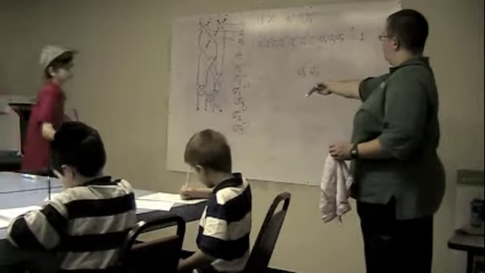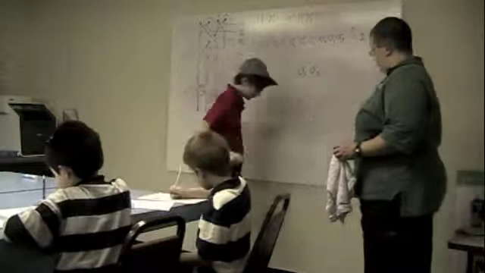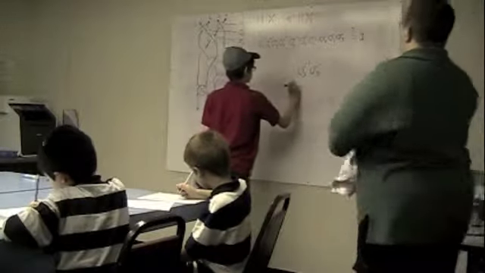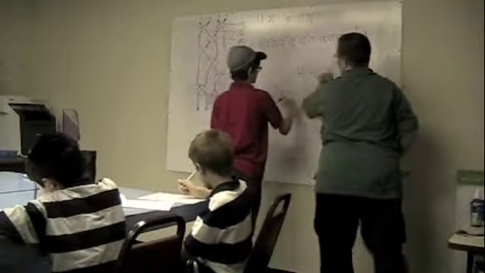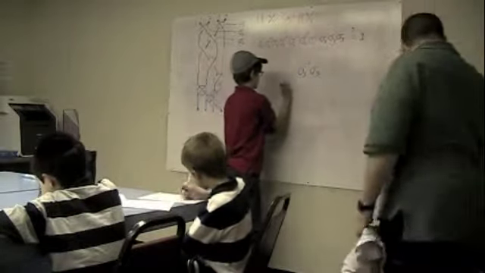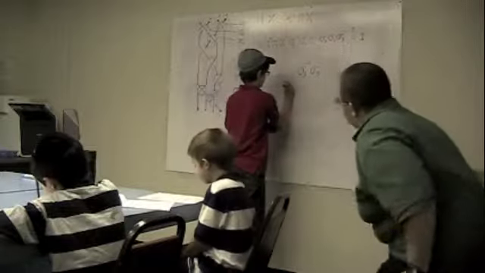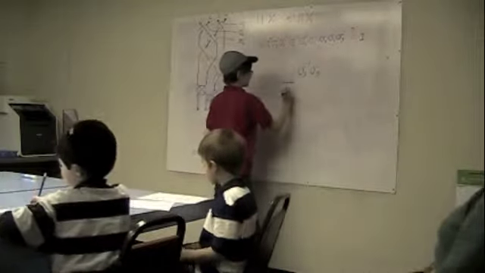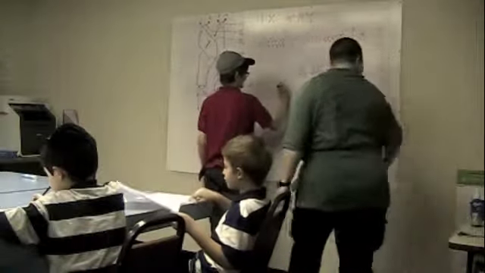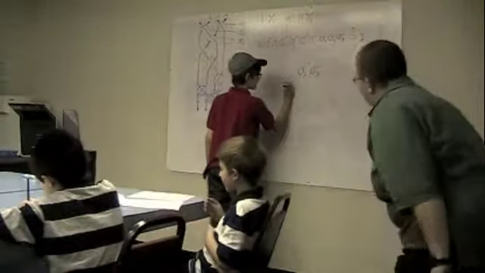Just that part. And remember, this one is on top, and then this one's underneath. Wherever you like. Be big, because people will have trouble seeing it from back there.